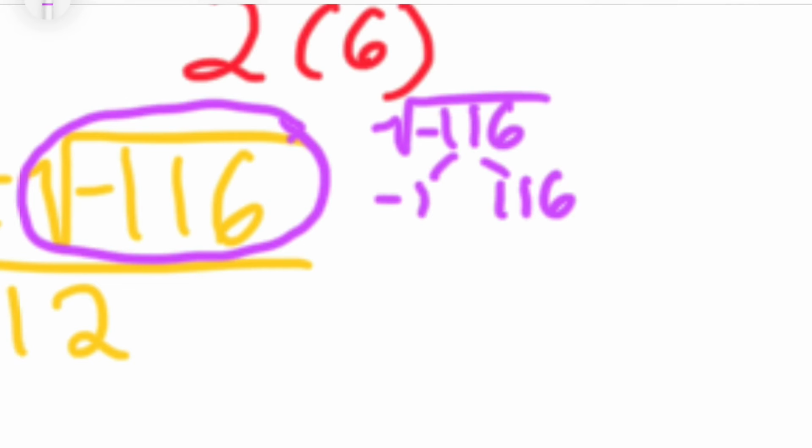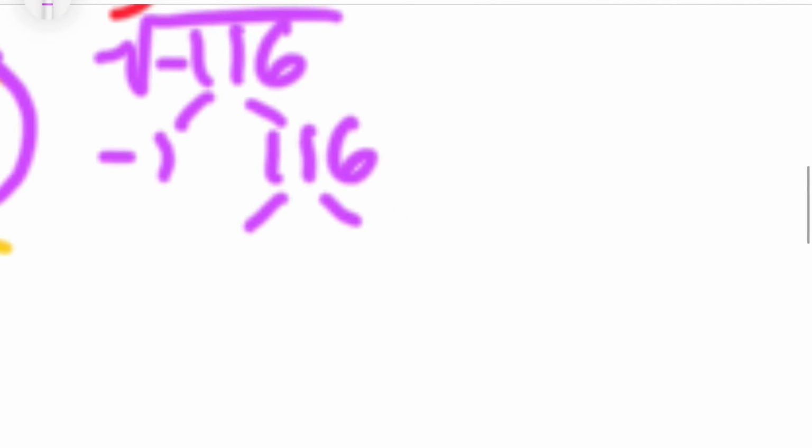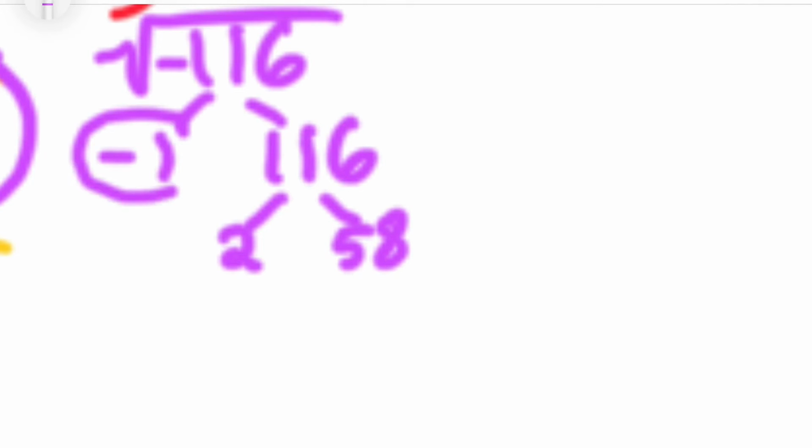Then I'm going to look at my 116 and say, okay, it's an even number. It ends in an even number, so I can divide it by 2. And I'm going to factor, or find the factors, creating a factor tree until I get all prime numbers. So my -1 is prime, my 2 is prime, 58 is not prime.